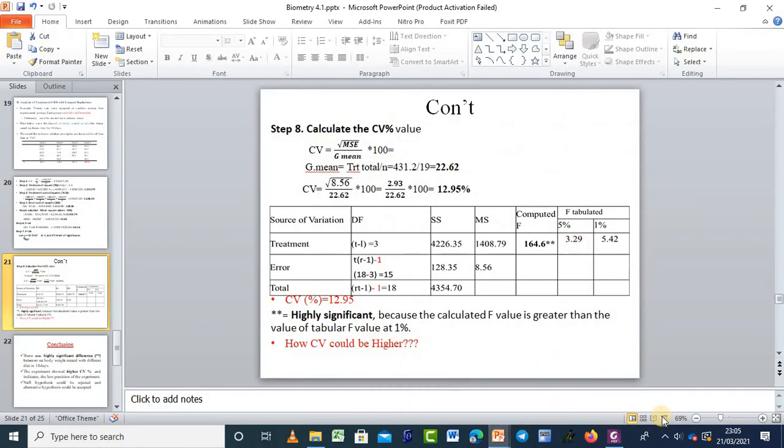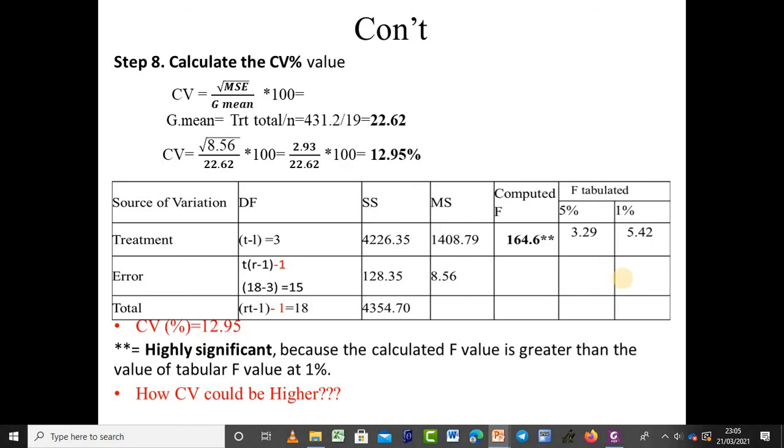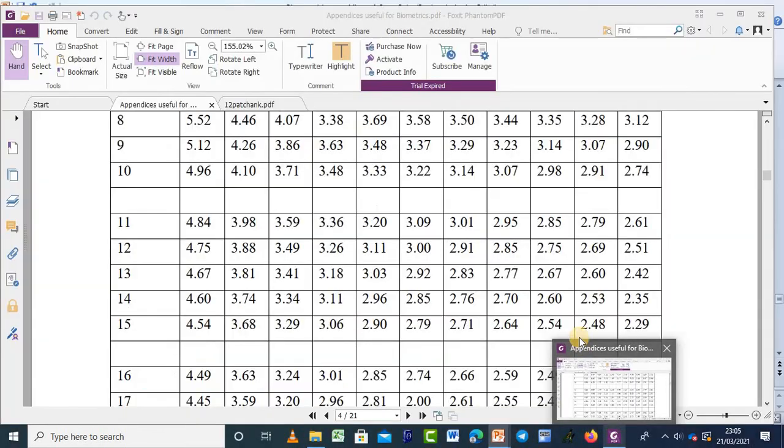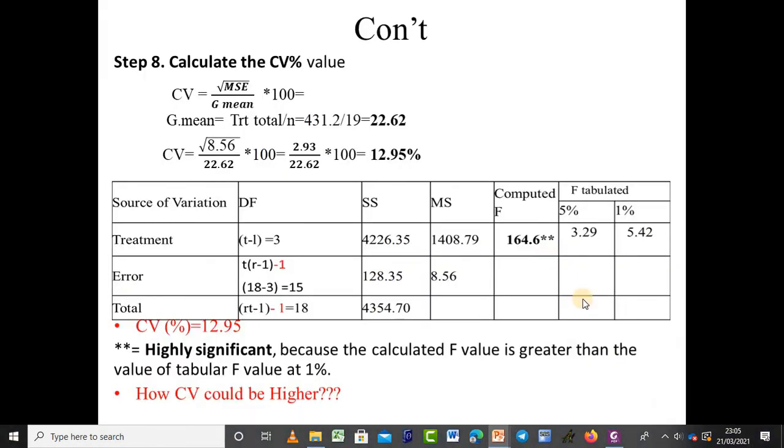Therefore, the values are correct and will match with the values found in the F distribution at 5 and 1% level of significance, using the treatment degree of freedom as numerator and the error degree of freedom as denominator.